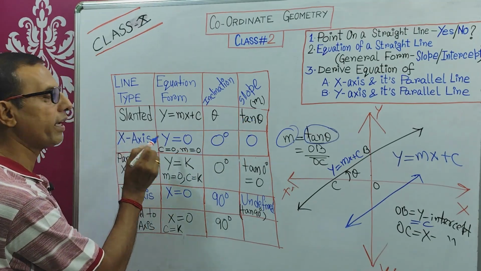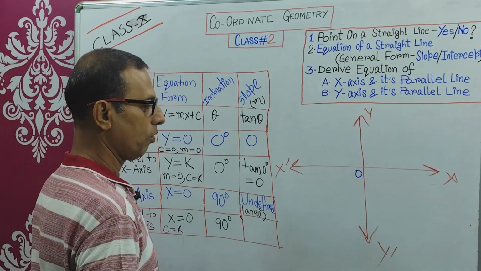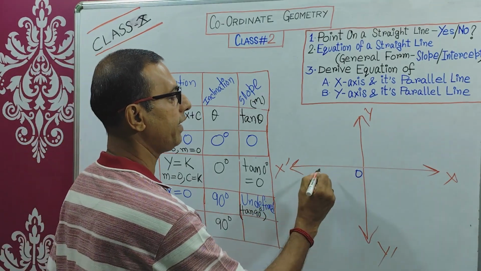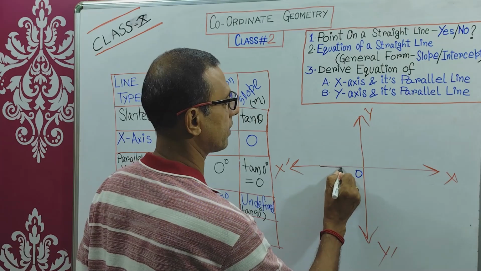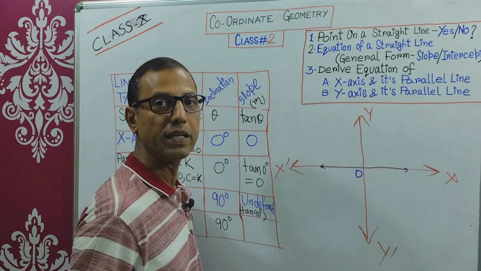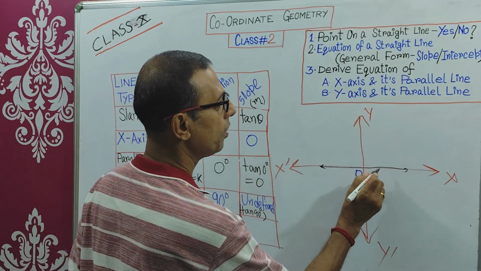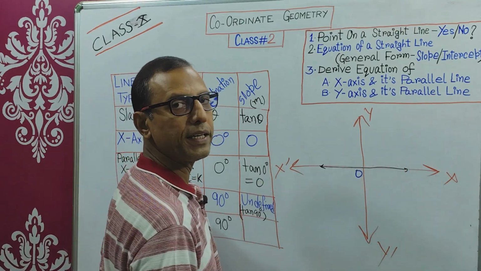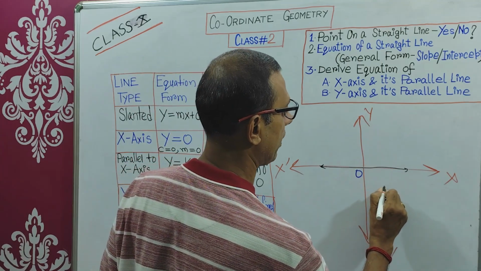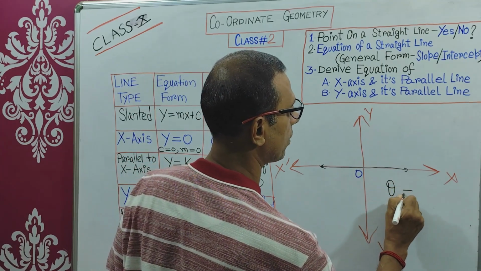Now I'll come to the x-axis equation. Okay. Now if we assume the line is actually lying on the x-axis, that means the x-axis itself, the equation of the x-axis, it is not creating any inclination with the x-axis. That means the inclination value, theta, equals 0 degrees.